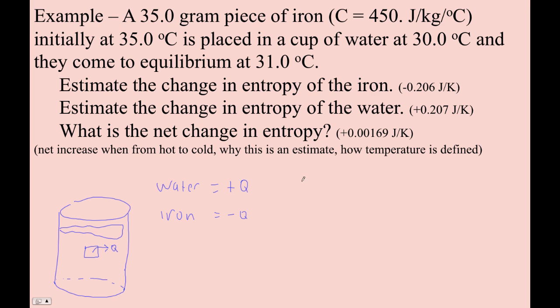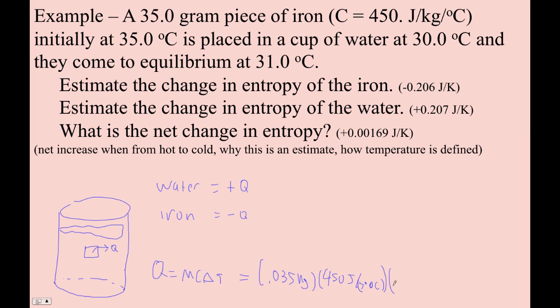And for our change in entropy, let's first figure out what the Q is in this case. Q is mc delta T for the iron. So that is 0.035 kilograms times 450 joules per kilogram degrees Celsius. And then it changes by, let's see, it's at 35 and it goes to 31.